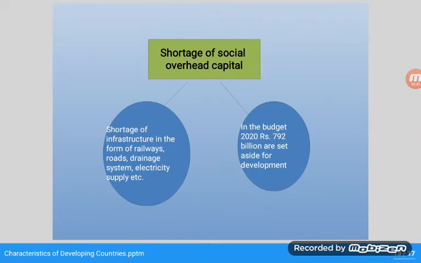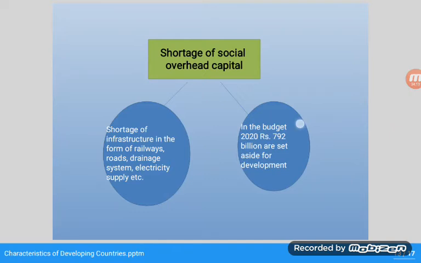Now next is shortage of social overhead capital. Now developing countries have shortage of infrastructure in the form of railways, roads, drainage system, electricity supply, etc. Of course, when you are not able to save enough, you will not be able to invest enough in all these things. That's why this infrastructure remains small.